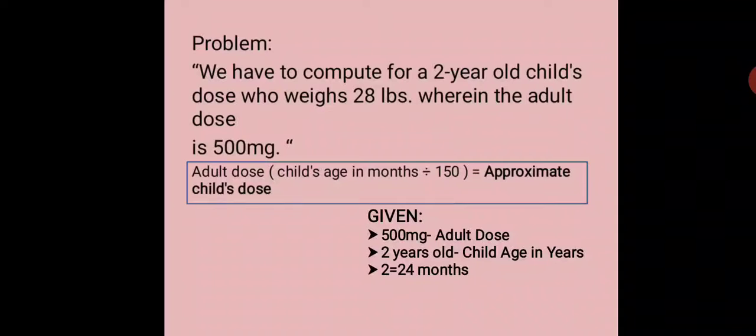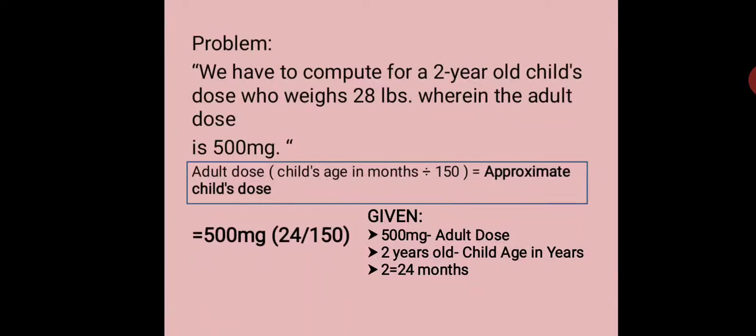So, ang bata ay nag-age siya ng 2 years old. So, i-convert natin yung 2 years sa months, which is, ang equivalent ng 2 years is 24 months. Since 1 year is 12 months, then 12 plus 12 is 24. So, 24 months equivalent ng 2 years.